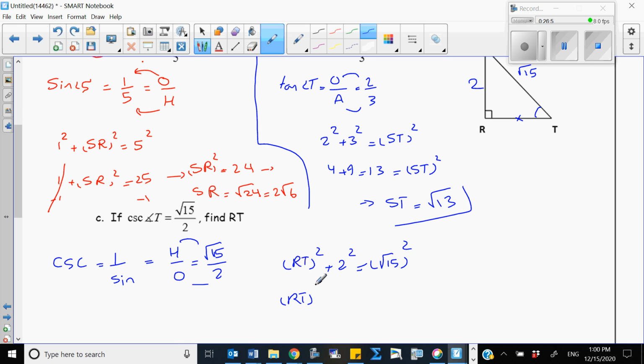RT squared plus 4 is equal to 15. That's radical 15 squared is 15. Subtract 4 from both sides. RT squared will be equal to 11, and RT will be square root of 11. And that's my answer.